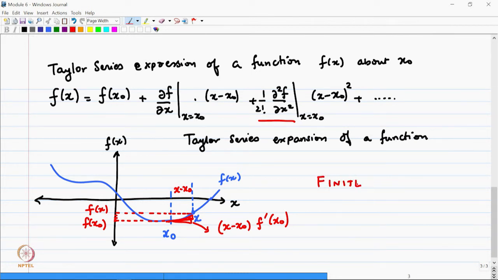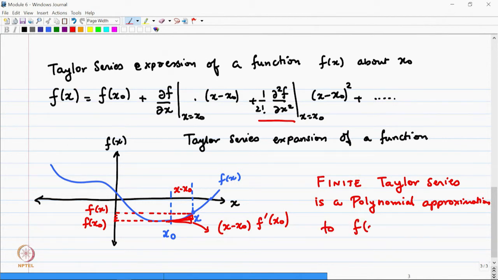So, what is important is that a finite Taylor series is a polynomial approximation to f of x. If you truncate the series at a finite point, you are approximating it by a polynomial.